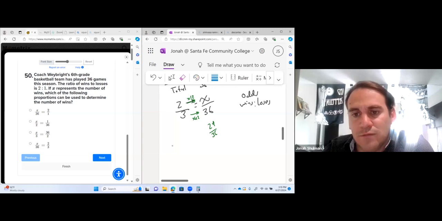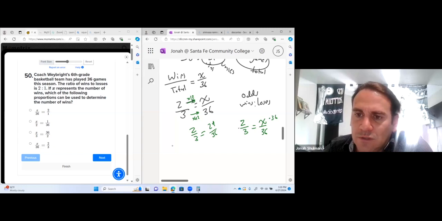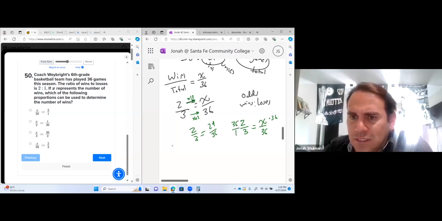That's one way to do it. The other way: X is divided by 36, so you can multiply by the opposite. 36 times 2 is 72, divided by 3, it's top times top, bottom times bottom, and we're getting 24 equals X.